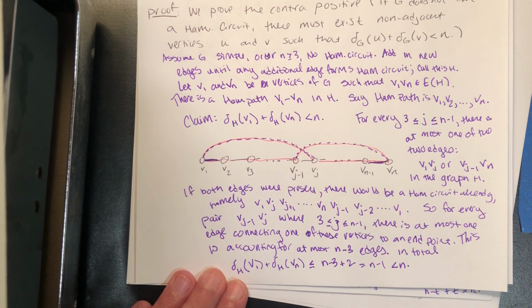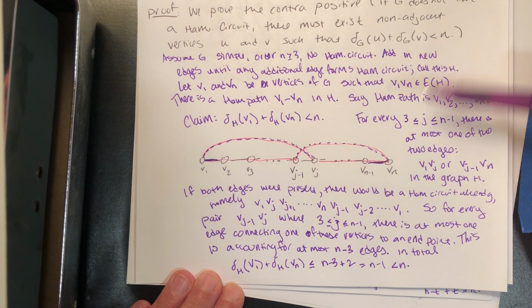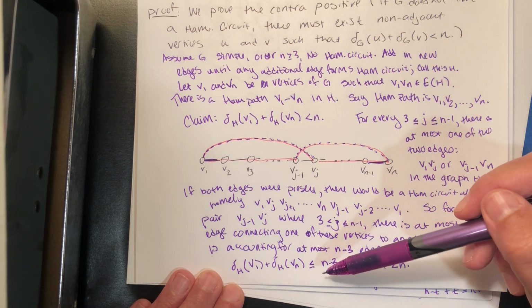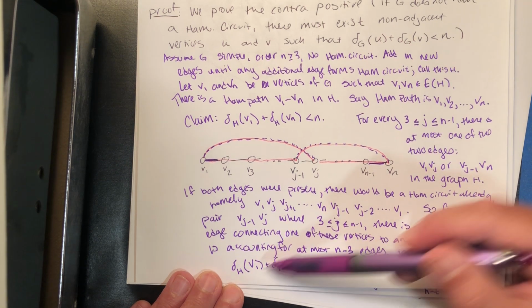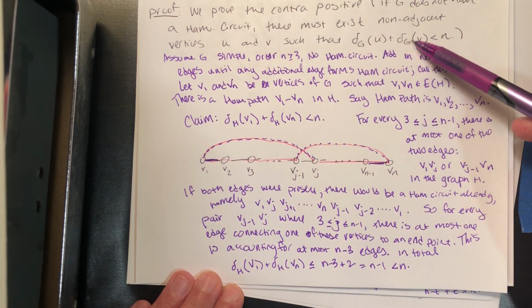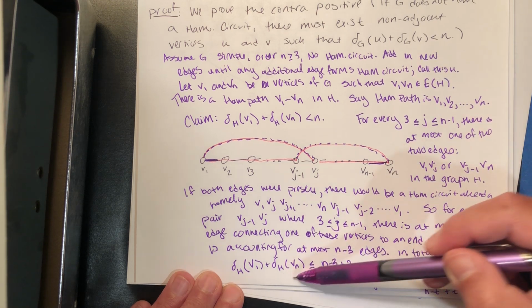Oh, almost. Right, this is the degree in H. We're trying to prove this for the degree in G. But remember that G is a subgraph of H. So H might have extra edges that G didn't have, but G couldn't have any more edges than H has.